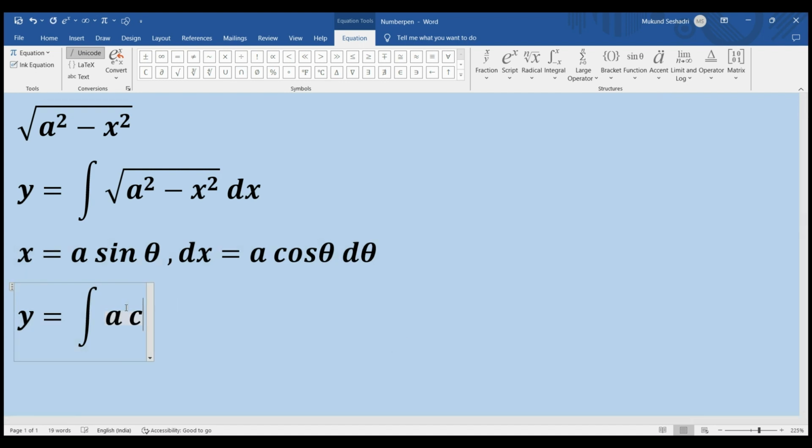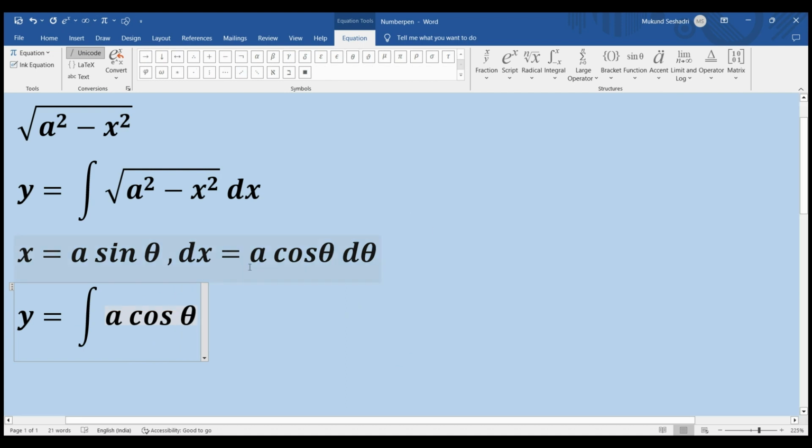And what we will have is a square root of a square cos square theta, which is nothing but a cos theta, right? And then we have our dx, which we have already represented in terms of theta, which is also a cos theta d theta, right? So what happens is I get an a square cos square theta d theta, right?